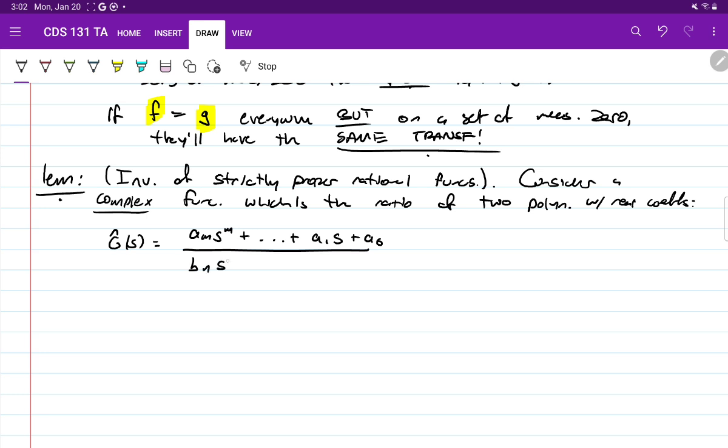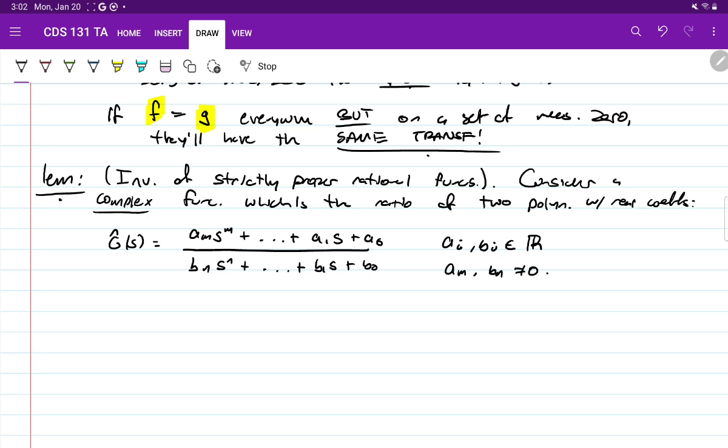Maybe b_n s^n plus ... plus b_1 s plus b_0, where these are all real coefficients, a_i and b_i are real, even though s is a complex number. And just in order to make sure that these polynomials have well-defined degrees m and n, I'll assume a_m and b_n are non-zero.